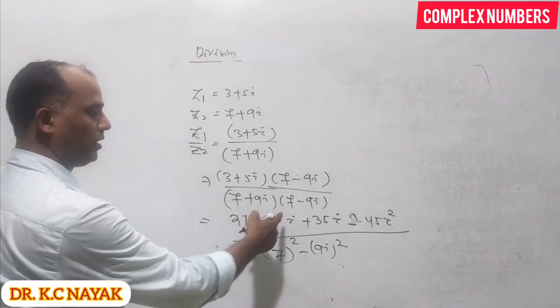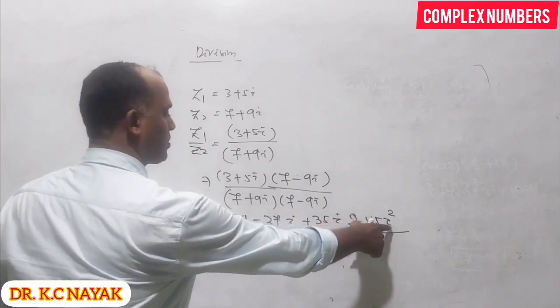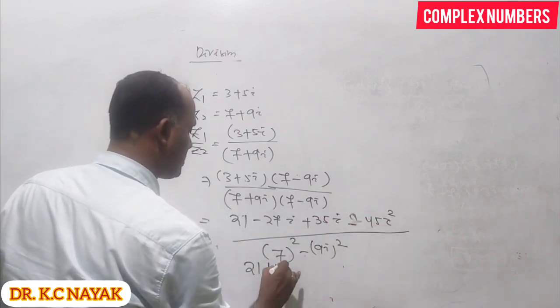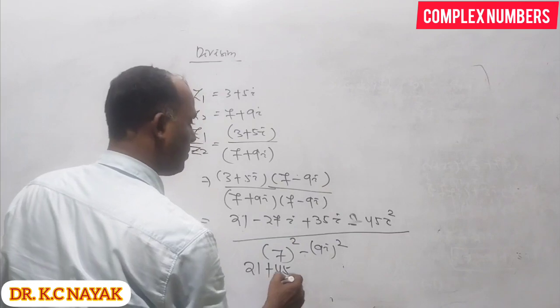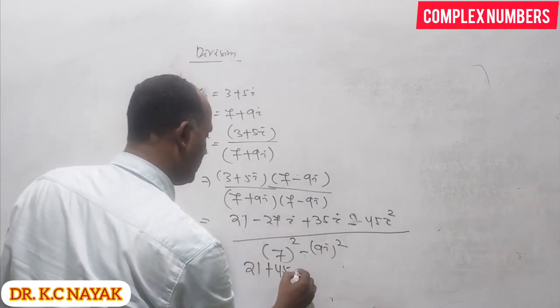What is that? 21 plus 45 is 66, and 35 minus 27 is 8.